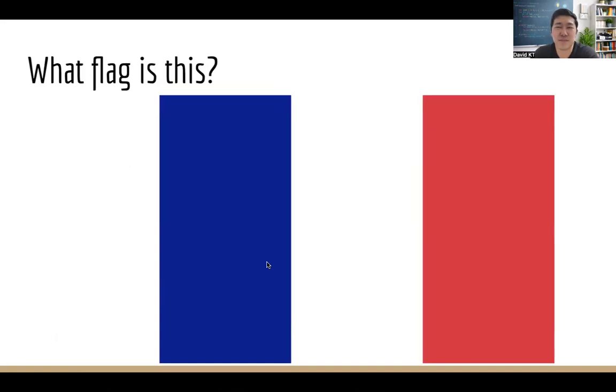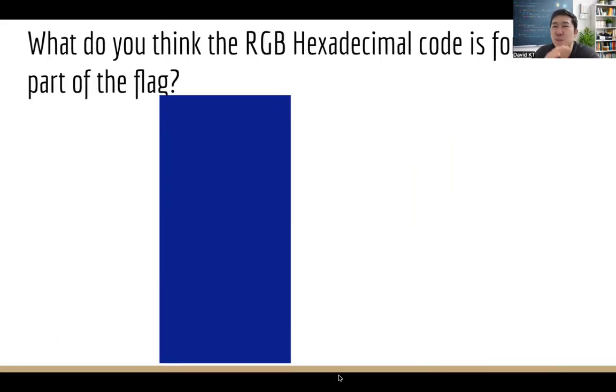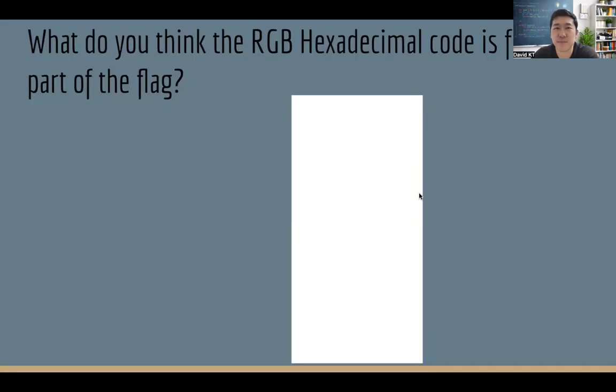So let's do some fun stuff. What flag is this? It's the flag of France. So imagine this is the purest blue. What do you think the hexadecimal color code is for this? Remember, RGB. There's no red, there's no green, and there is full blue. It should be 0000FF.